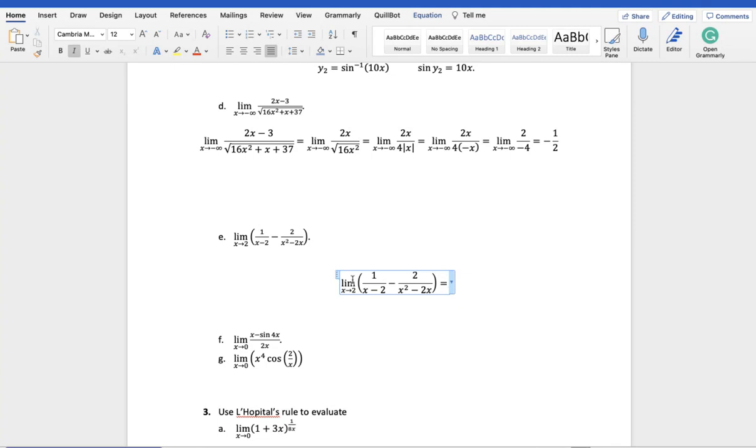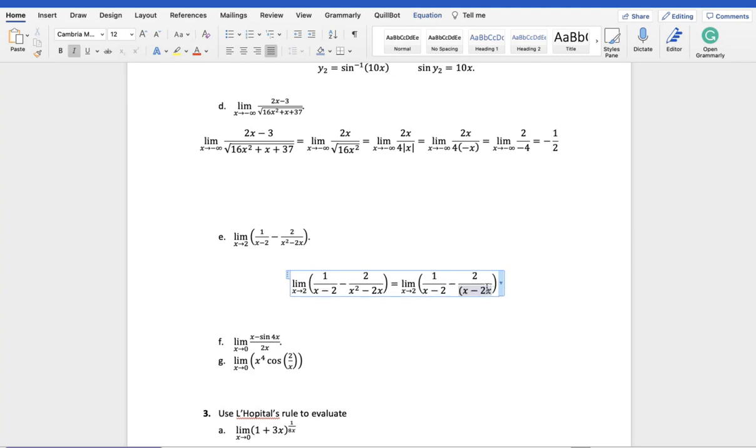So what you would do here is try to simplify the expression. Let's try to put it to the same denominator. As you can see, x minus 2 is common between the two. So you can factorize that second fraction like that.